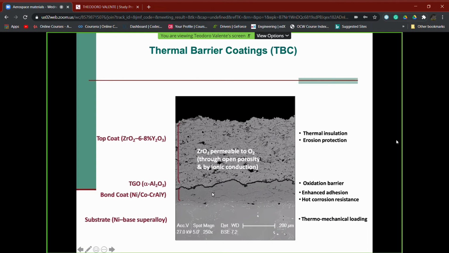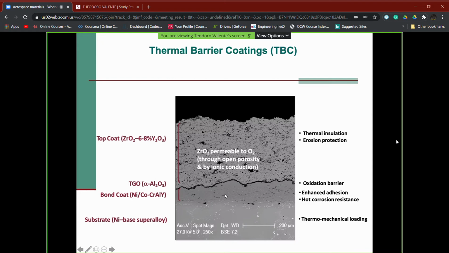And so this is usually achieved by fabricating the bond coat, I remind you, not with plasma spray technology, which belongs to the class of the so-called thermal spray processes, but with another process, also based on spraying and belonging to the class of thermal spray processes, which is the so-called high velocity oxygen fuel process, HVOF, in which we have very, very high velocity of particles, so that when the coating is fabricated, the porosity can be kept at a very low value.